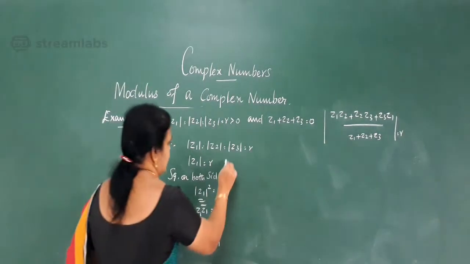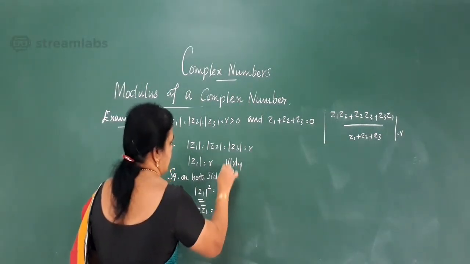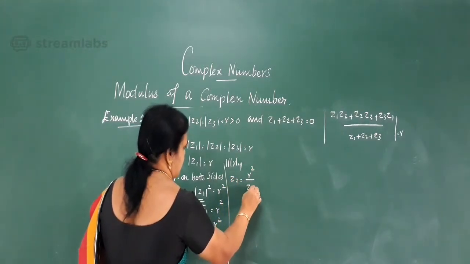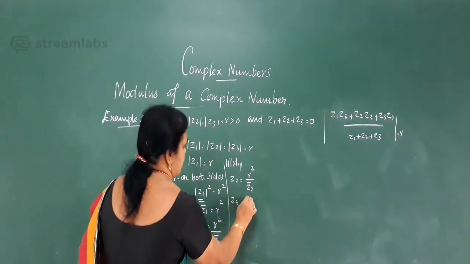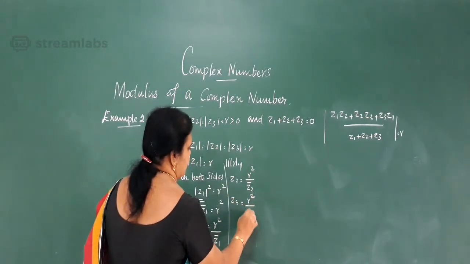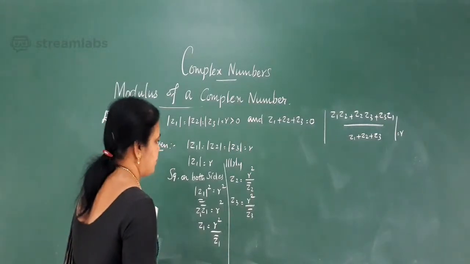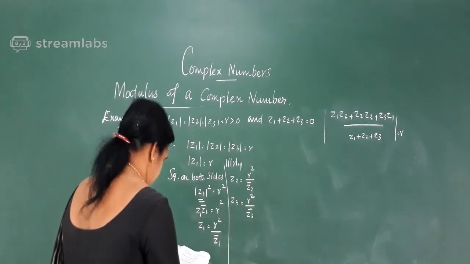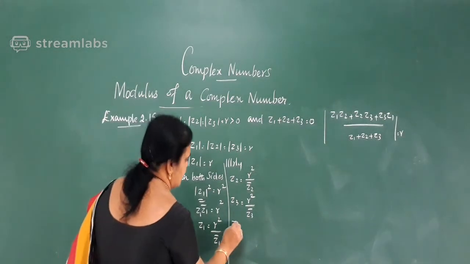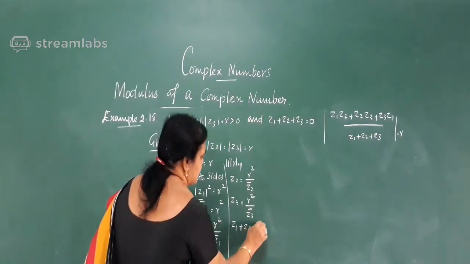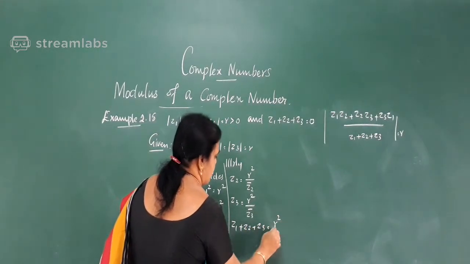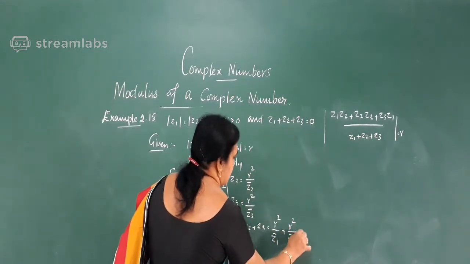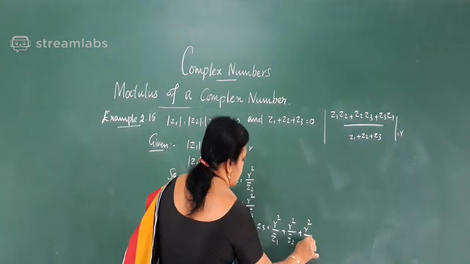Similarly, z2 equals R squared by z2 bar, and z3 is equal to R squared by z3 bar. Next, z1 plus z2 plus z3: what will it come? R squared by z1 bar plus R squared by z2 bar plus R squared by z3 bar.